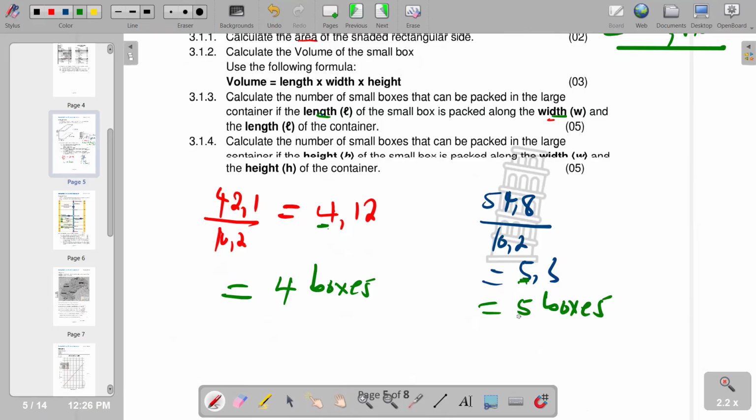So now, to get the total number of boxes, the number of boxes is 4 times 5, and you get 20 boxes.